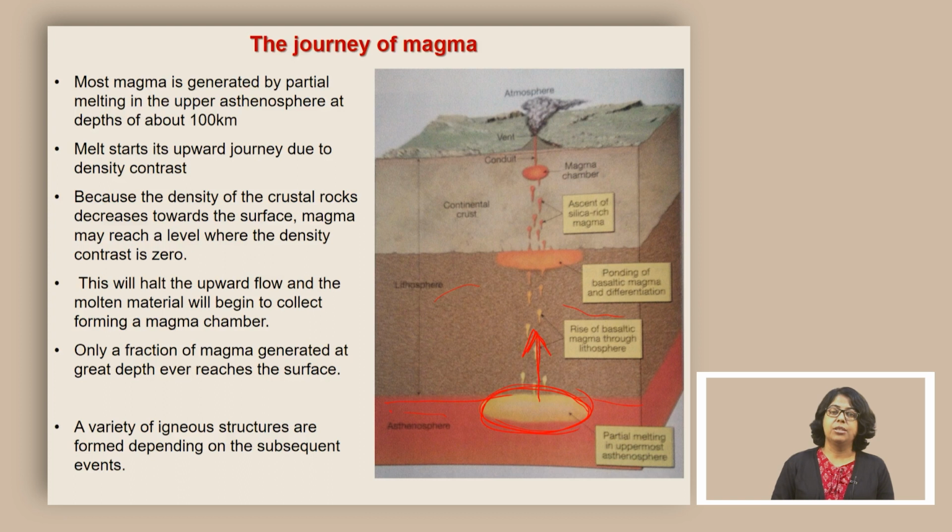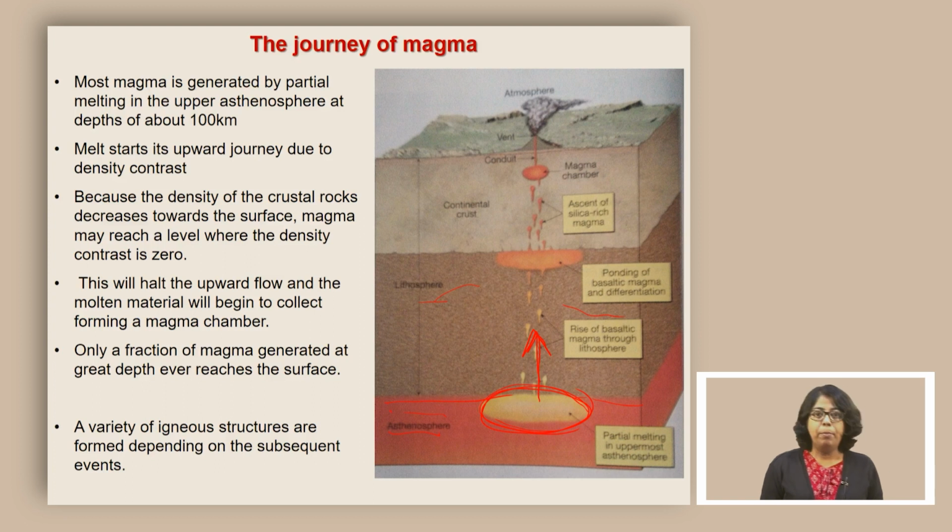But the situation does not stay constant as they go up, because the density of the rocks that we encounter in the asthenosphere versus in the lithosphere or in the crust is different. The crustal rocks are generally less dense, whereas the rocks in the mantle in the asthenosphere are quite dense.